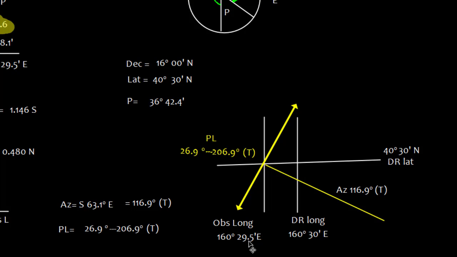Alright, so observed longitude has to be on the left side of the DR longitude. So this is your observed longitude, which is 160 degree 29.5. Now we need to apply azimuth, which is 116.9 degree in this direction. So 90 degree to azimuth, we write this position line. That is how we can express.